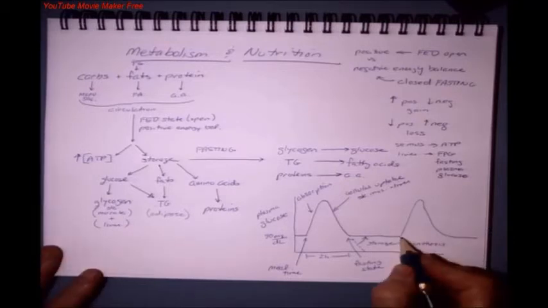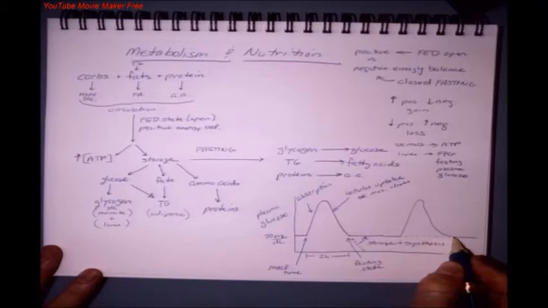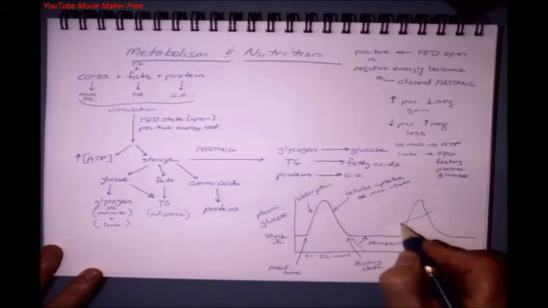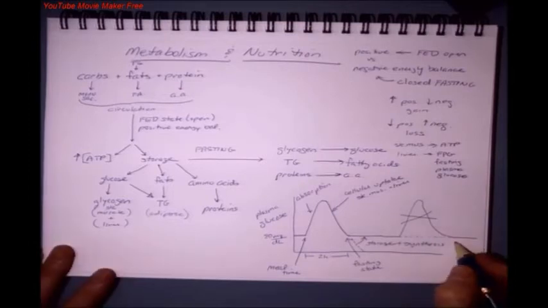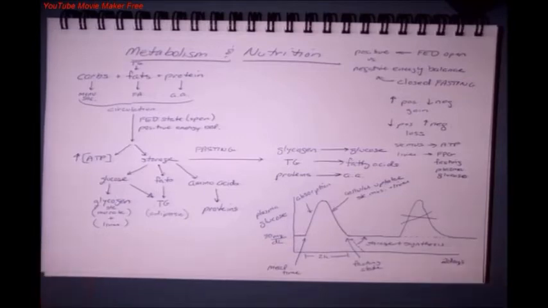Now, what happens hypothetically if you do this and you don't eat? And let's say you go out for a period here of 2 days. Do you have any glucose stores left? No, because we have a limited capacity in our muscles and our liver.